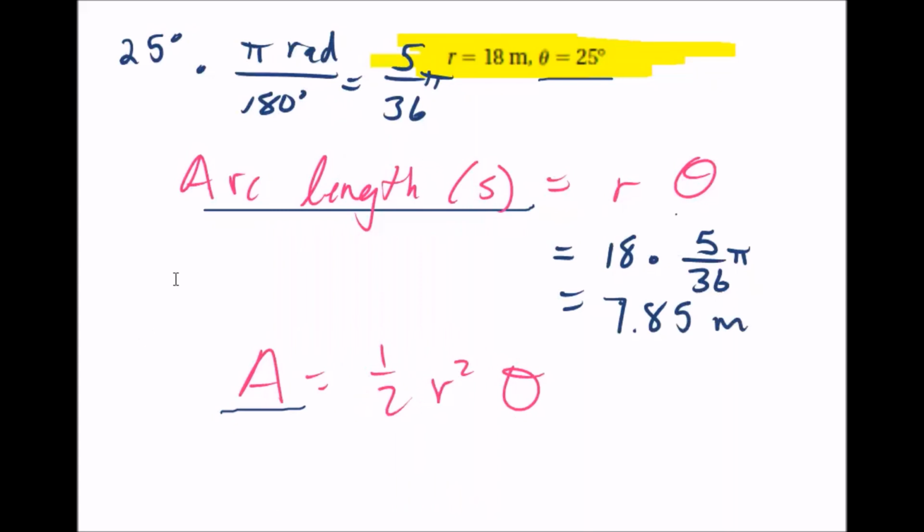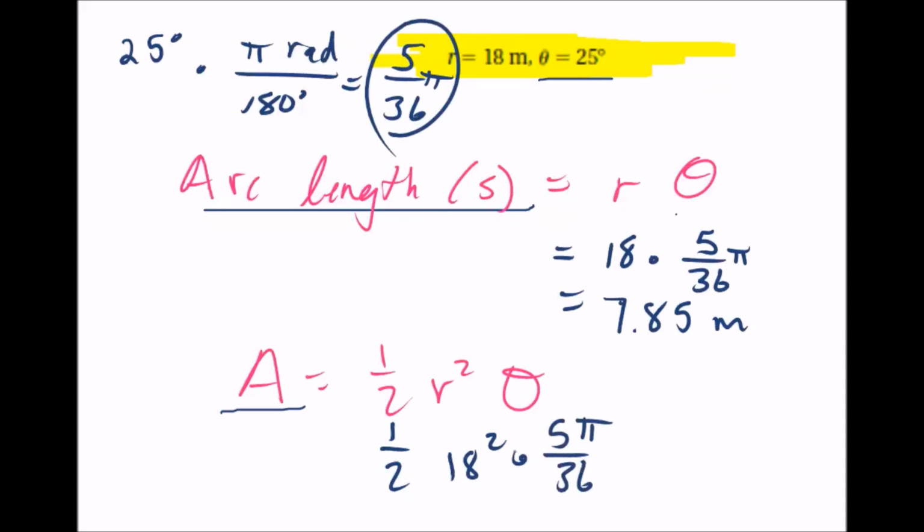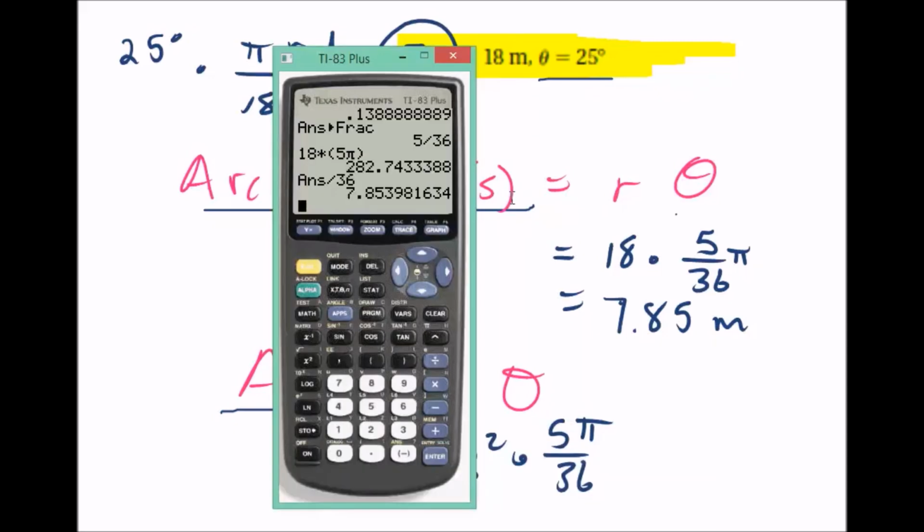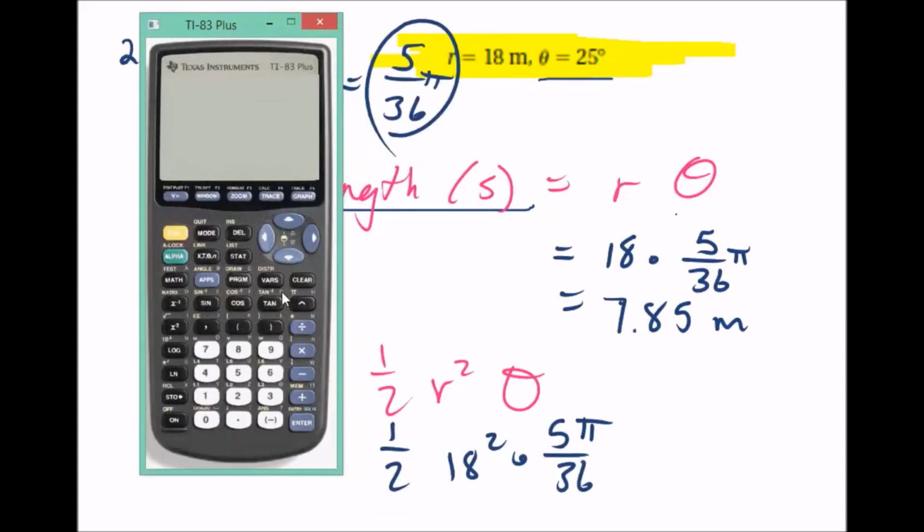To find the area, we just do 1/2 radius squared, so 18 squared, times theta. We already changed it to radians, so we don't need to do it again. 5 pi over 36. Multiply all of those together to get your answer. What is the area of that sector?